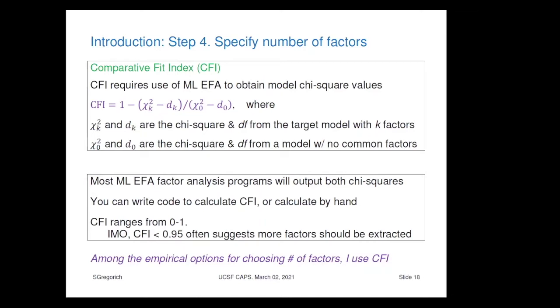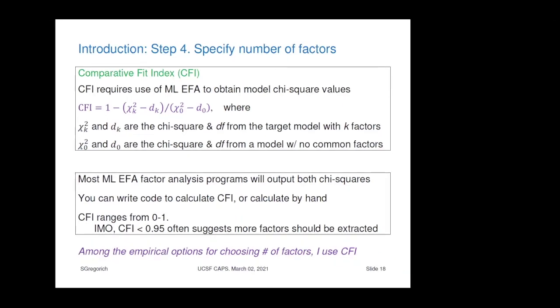If your two-factor model is just as horrible, then your CFI is going to be 0. But if your two-factor model is doing a really great job of explaining the data that you input, then your CFI is going to start approaching 1. So CFI ranges between 0 and 1, and in my opinion, and in the opinion of a lot of people, CFIs of about 0.95 or greater typically suggest pretty good model fit.